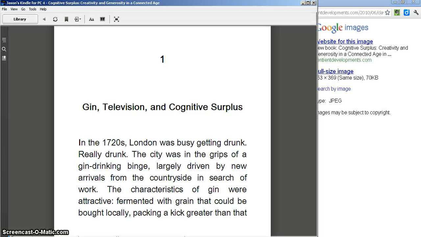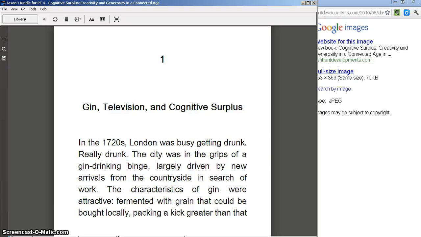Gin, television, and cognitive surplus. In the 1720s, London was busy getting drunk. Really drunk. The city was in the grips of a gin-drinking binge, largely driven by new arrivals from the countryside in search of work. The characteristics of gin were attractive.